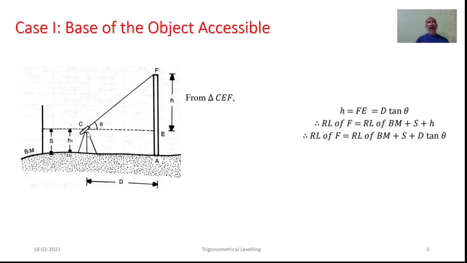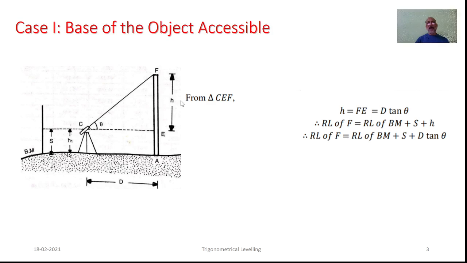Here we can have the backsight on a certain benchmark in order to determine this EHI, or otherwise we can refer to the RL of the instrument station, to which we can add the height of the equipment in order to work out that EHI.